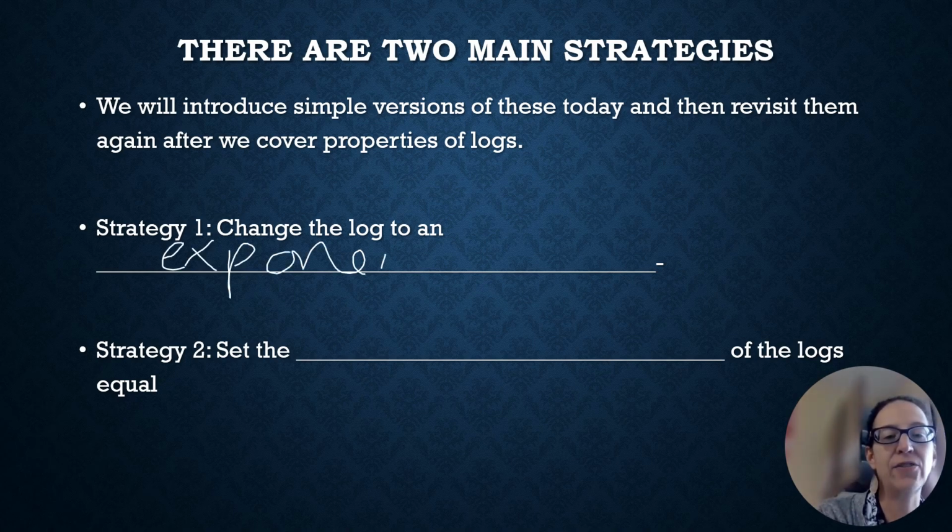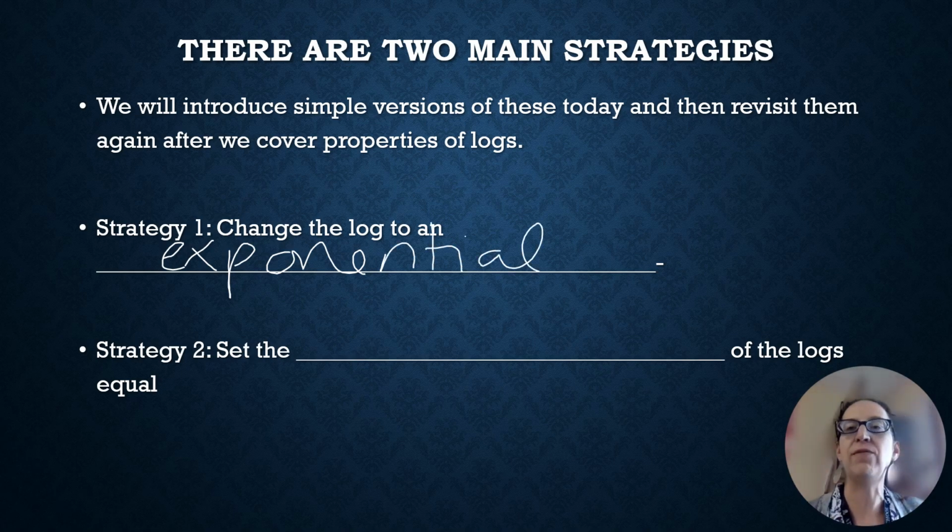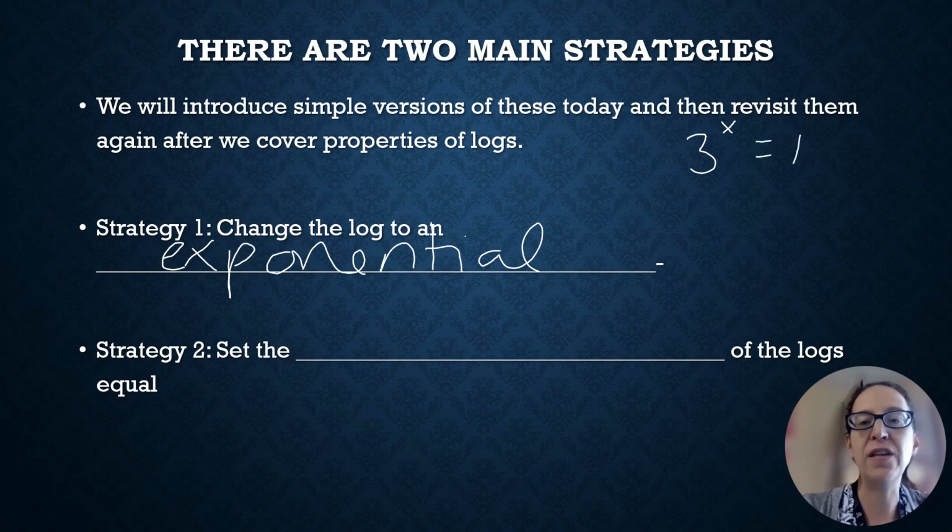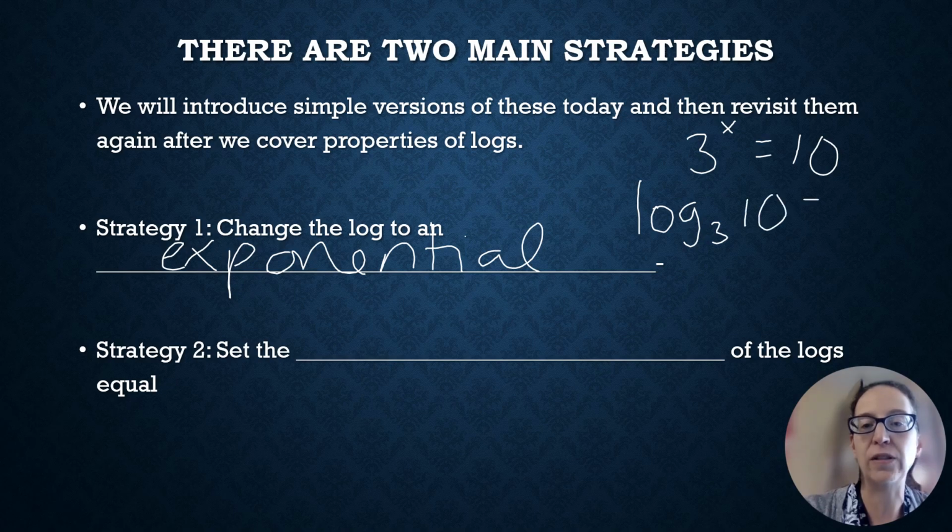We have actually seen this before. In a previous lesson, we covered taking an exponential and changing it to a log. So if you needed to solve, say, this equation, that is an exponential, and one of the ways we solve the exponential is we change it to a log. And so we would change this to log base 3 of 10 equals x. Well, that also works in the other direction.